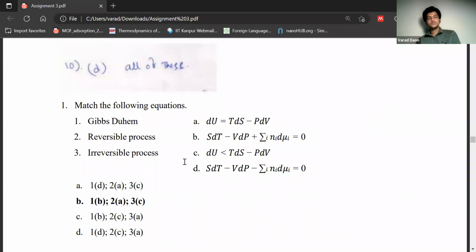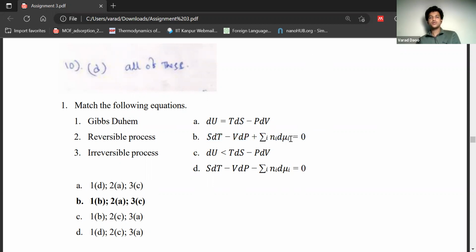Anybody got? This question we have to do match the column. The first is the Gibbs-Duhem equation. So which is the Gibbs-Duhem equation? Obviously, this is nothing but definition. It's going to be this.